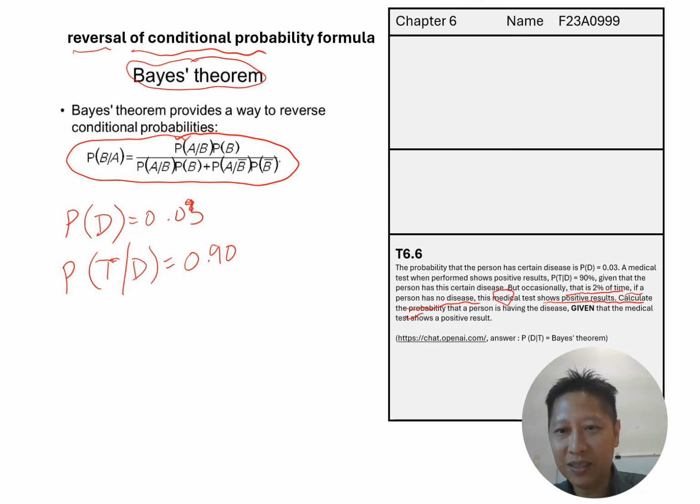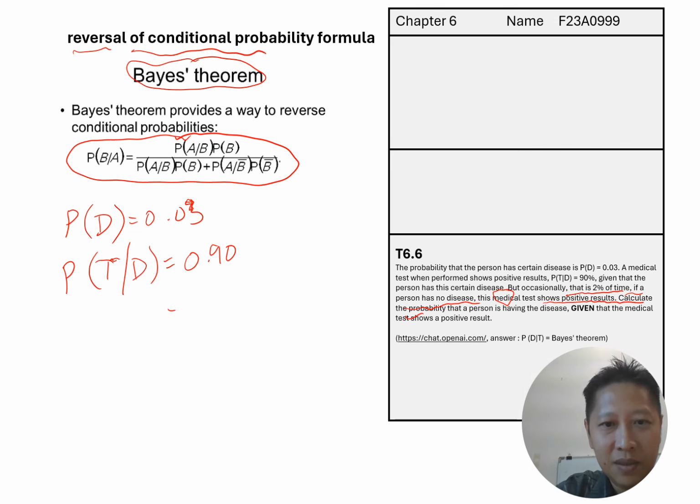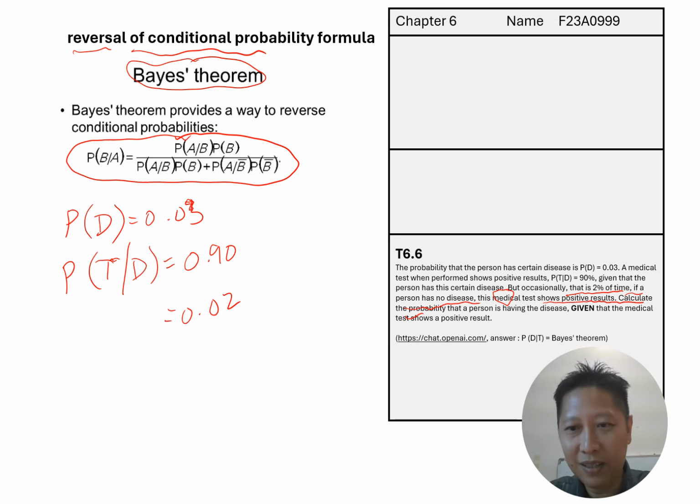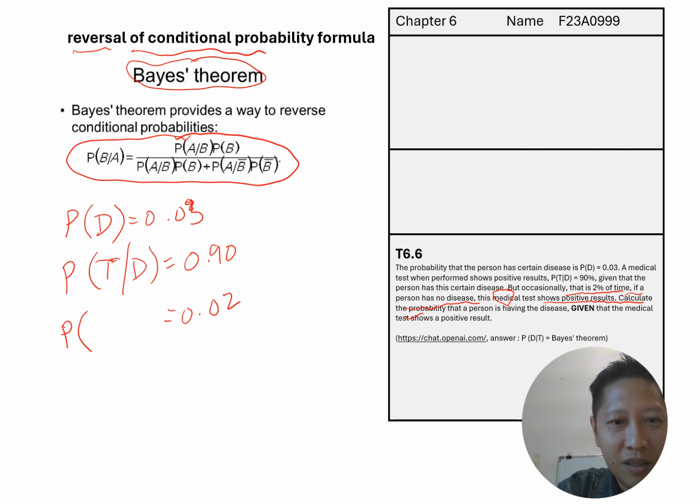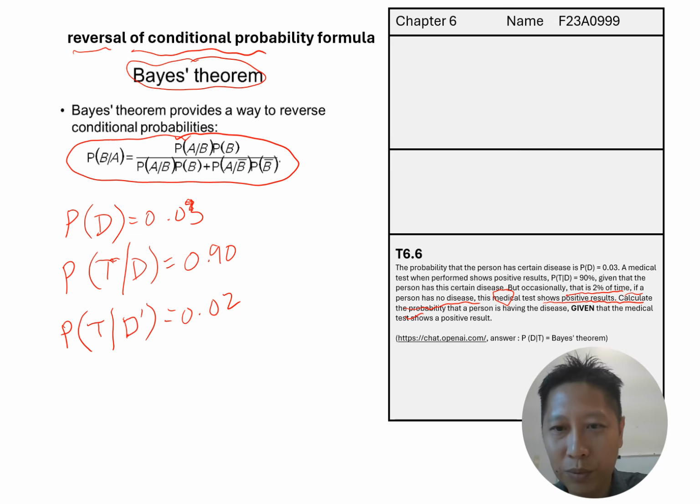What is the percentage? It is 2%. How can we write this in the probability context here? The probability of tested positive, given that he has no disease, is 0.02.